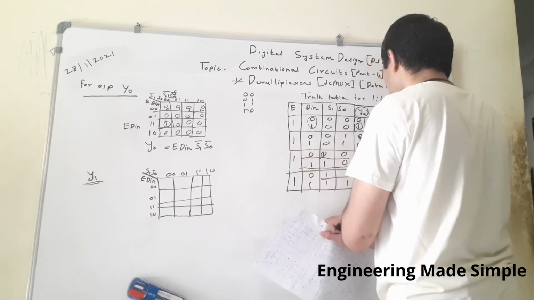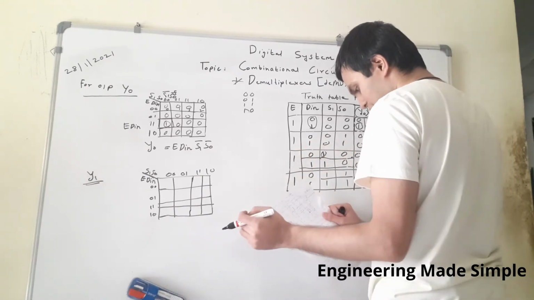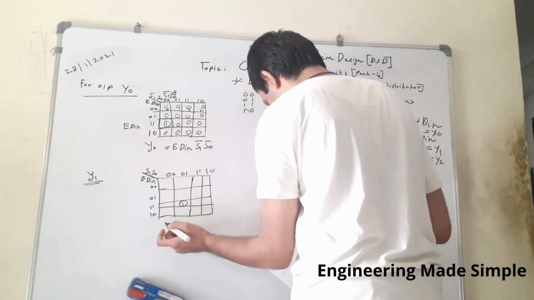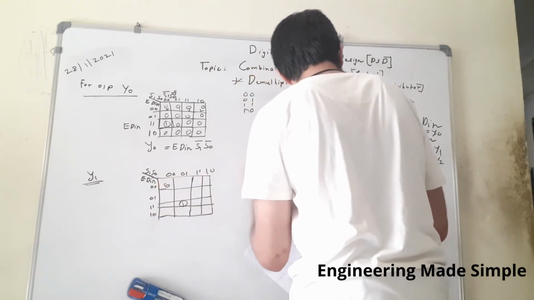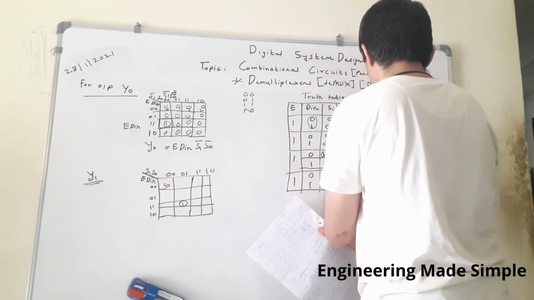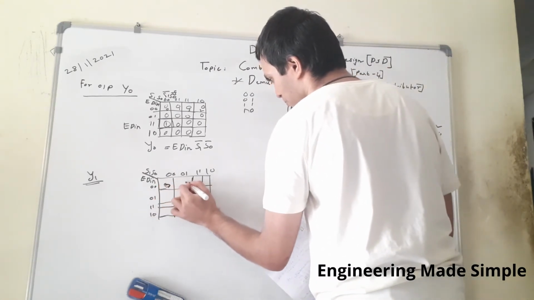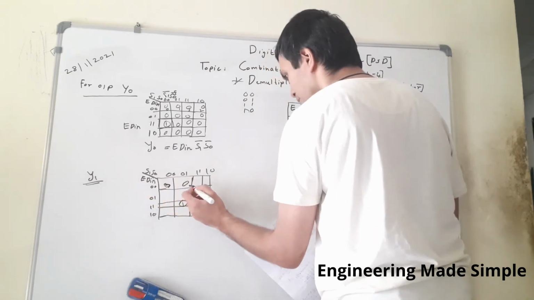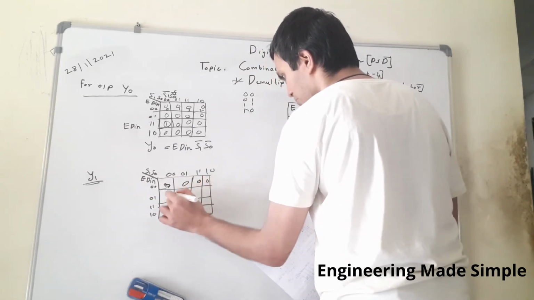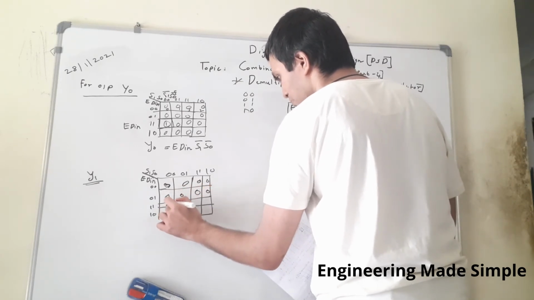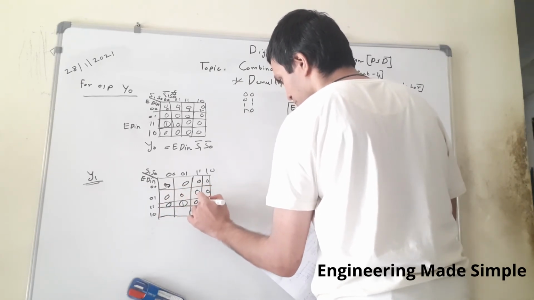For 1 1 0 1 it will be 1, and this is the position where it is situated. The rest of the terms are 0 because there is no other min term present for output y1, so we will fill the rest of the K-map with zeros.